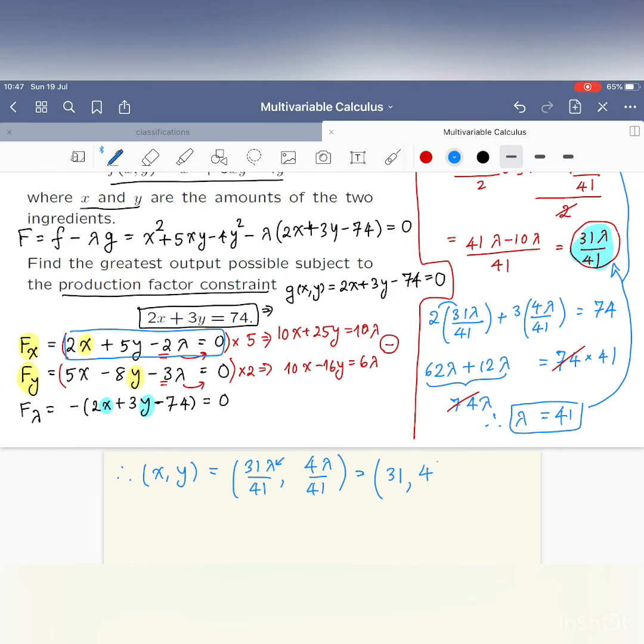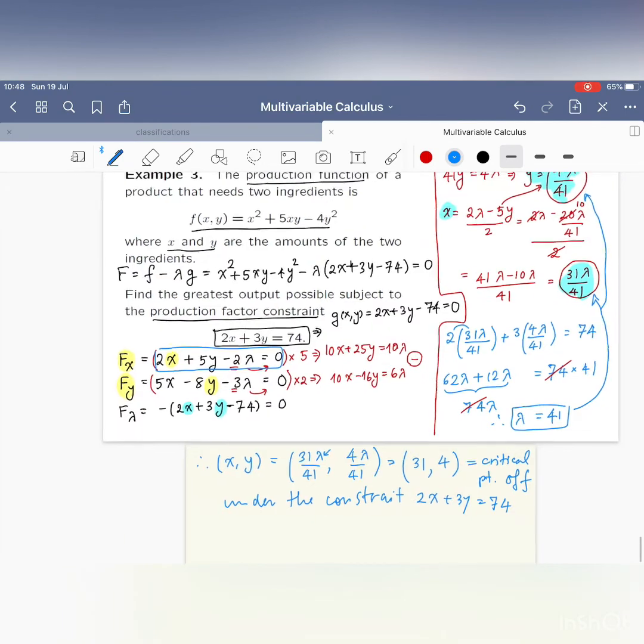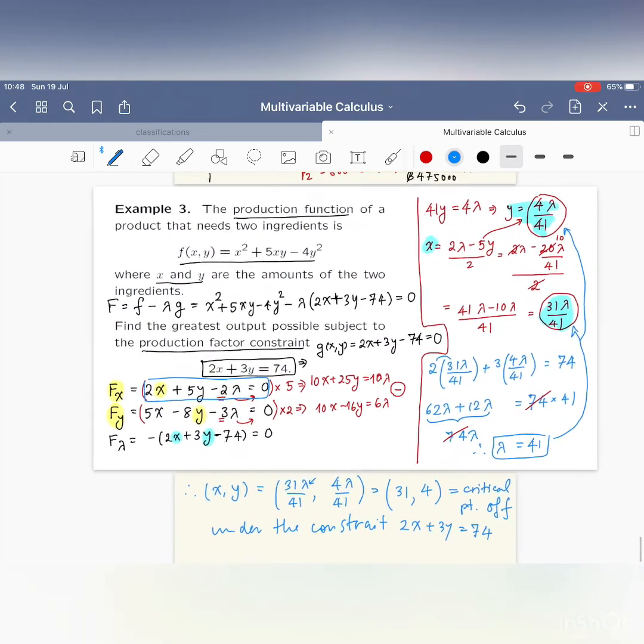This is your critical point of your f under this constraint, 2x plus 3y equals 74.